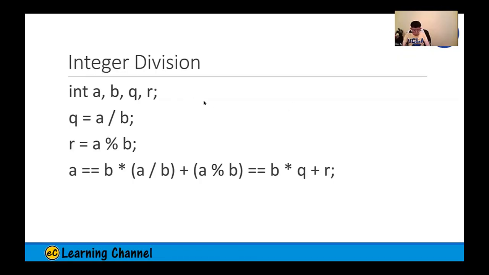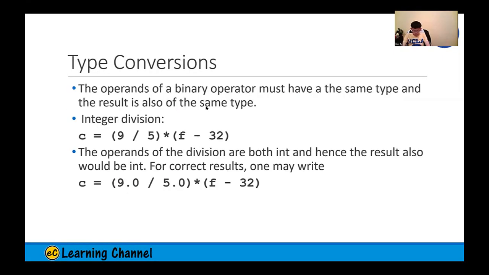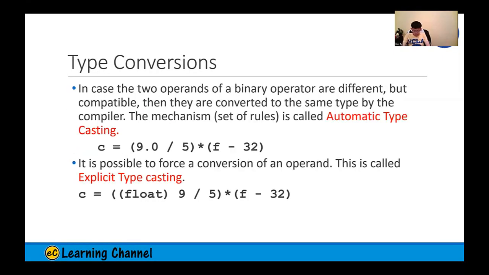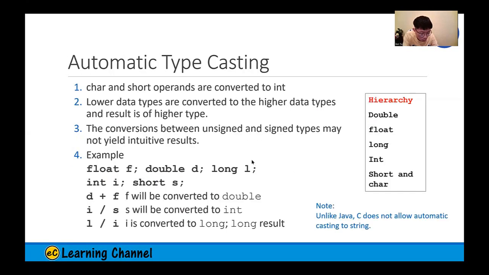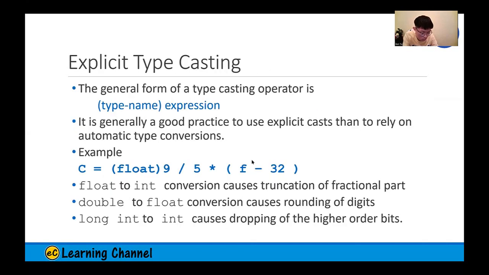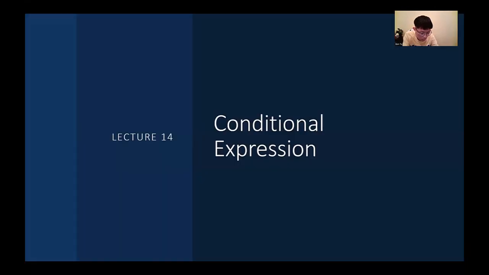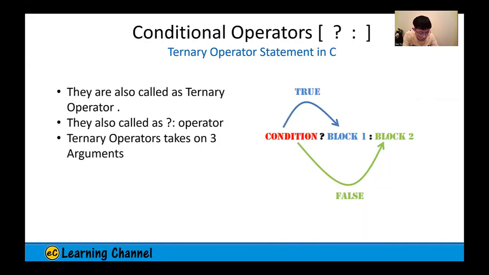Casting is to convert the data type from one data type to the other. This one I think you know already. You convert the data type from integer to floating point before you do division. This one I think in Java we covered already.